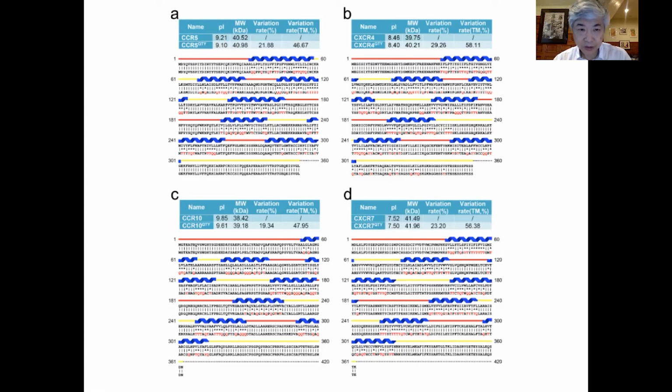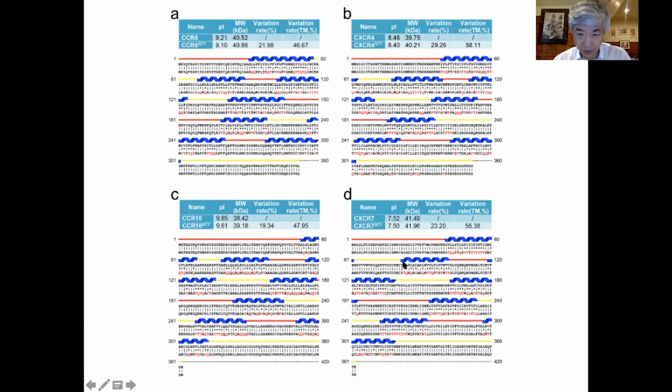The molecular weight is 40.52 or 40.98. Again, the change is minimal. However, we change a very large number of membrane protein hydrophobic amino acid residues. In the transmembrane domain, we changed 46.7%, and the overall protein change is 21.88%, which is a substantial change.